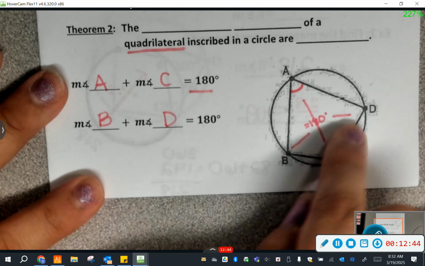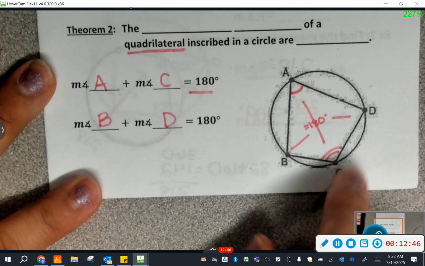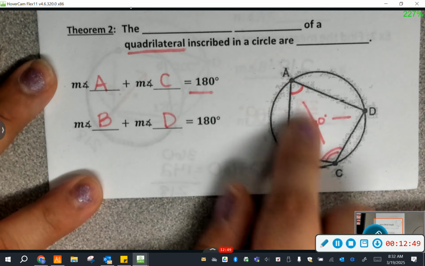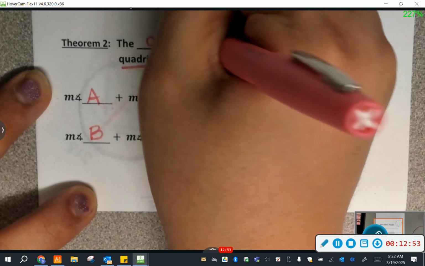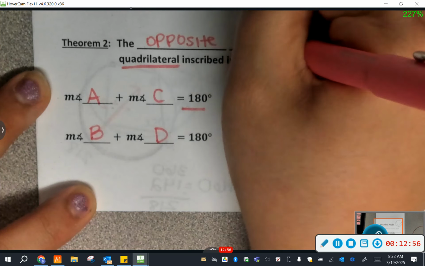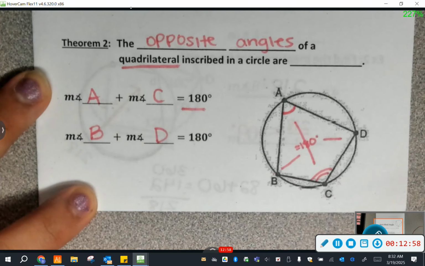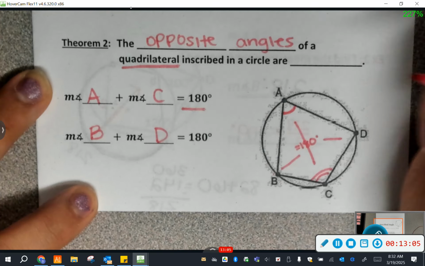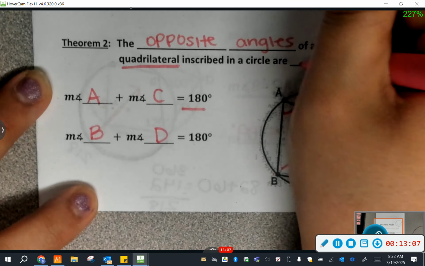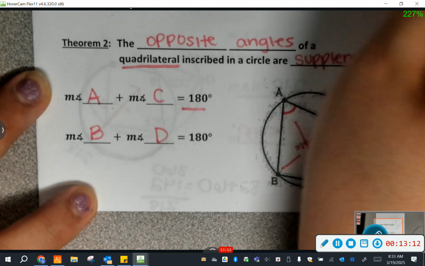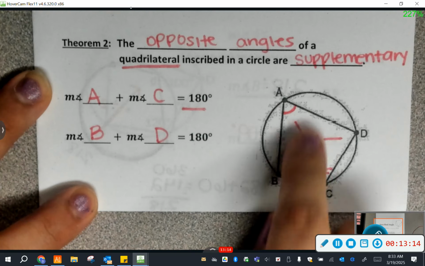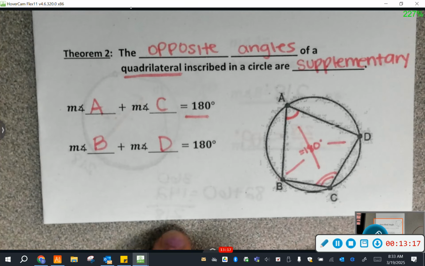Your angles will not be the same. And every year people give me, oh, whatever this is, that is. No, they equal 180. So in the blanks, I want you to write: the opposite angles of a quadrilateral inscribed in a circle are, what's it called when they equal 180? They are different, but what's it called? Supplementary. As long as you know they equal 180, you are good.